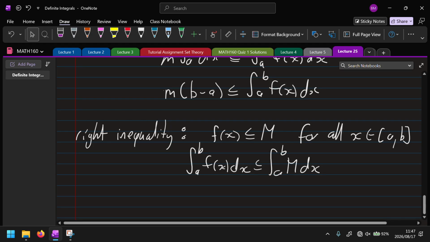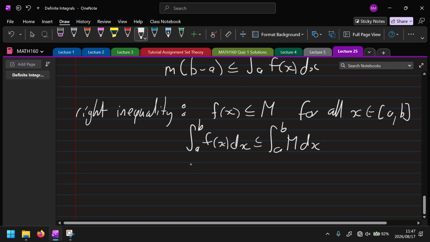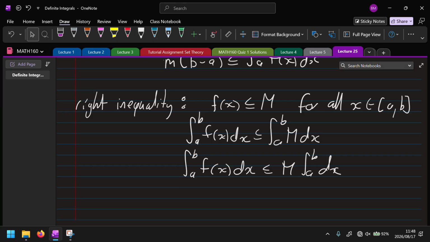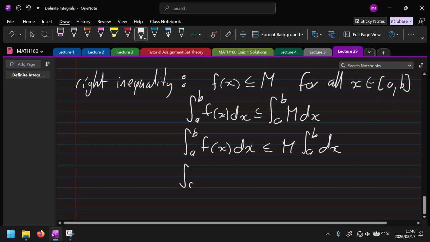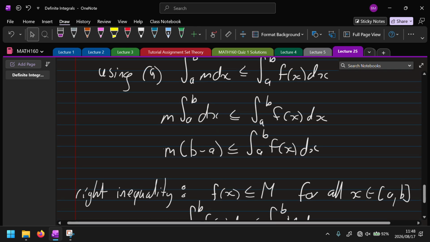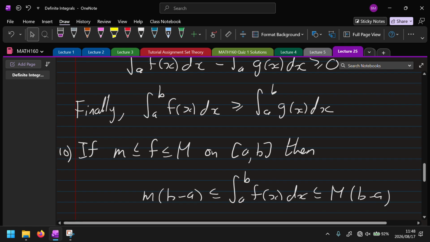Same as before, M is a constant, we can take it out. And then the other property, remember there's that 1 there, so the integral from a to b of dx is just b minus a. And that's exactly what we needed for that right side.